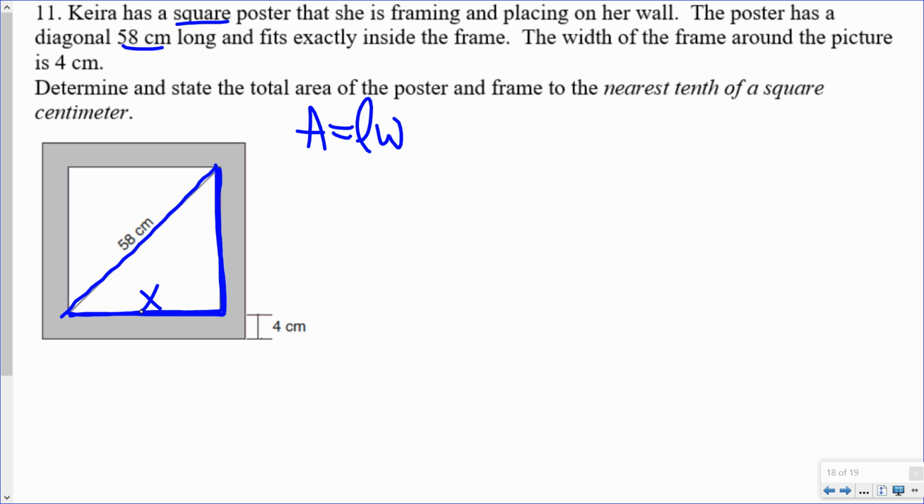Since this is a square and all the sides are the same, I'm going to call them both x. It's a right triangle. There's no angle involved, so I use the Pythagorean Theorem. A and B are x and x.